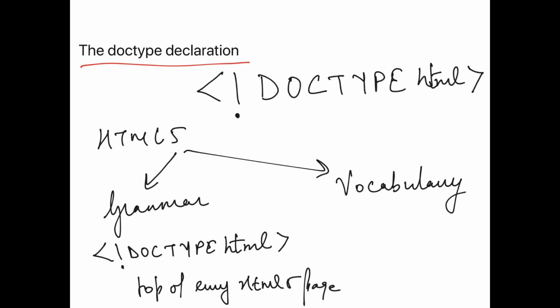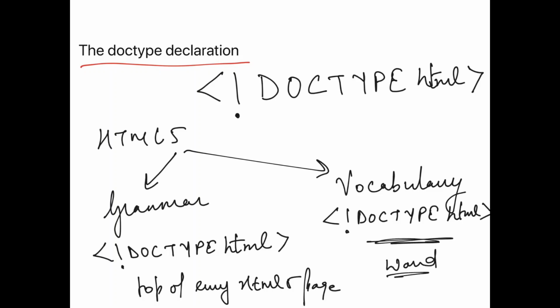And what is the vocabulary? The HTML5 word, this doctype declaration which we are writing, means this page is written in HTML5. So this is a word for vocabulary, right? So this is the difference in the grammatical form and in the vocabulary form, right?